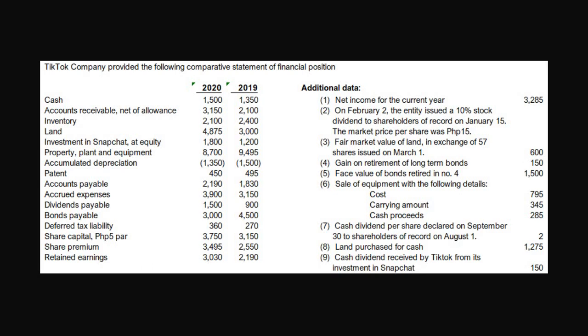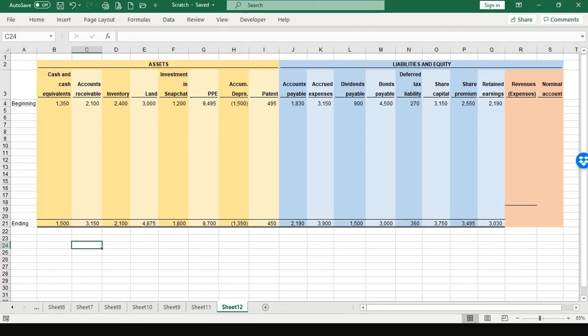Now, let's start the problem. Again, I will prepare the statement of cash flow by using the expanded accounting equation. Here, on the left side are the asset accounts, and on the right side are the liabilities and equity accounts.